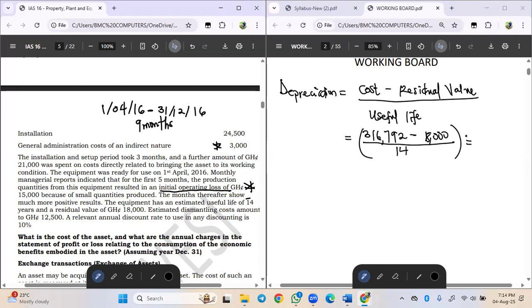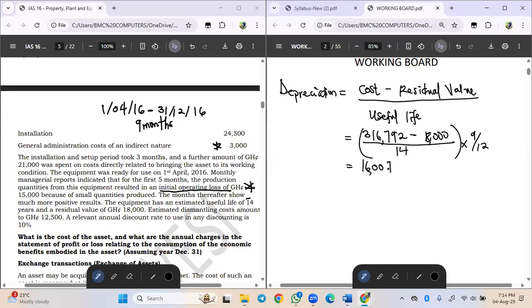So it will be times 9/12. You cannot calculate for the full year because it was not ready as at March. It was ready on 1st April. So 9/12. So please, what are we having?